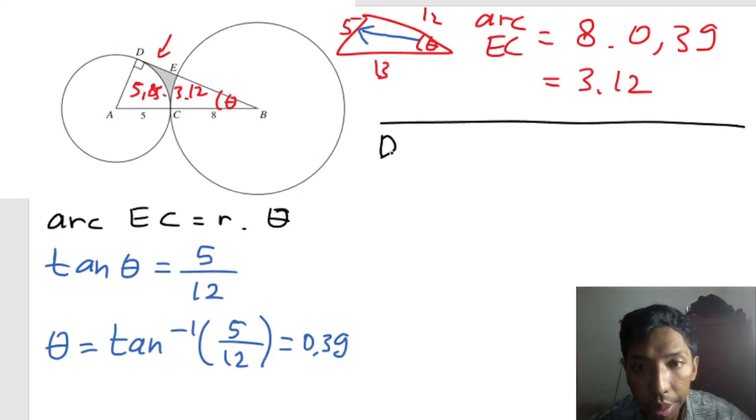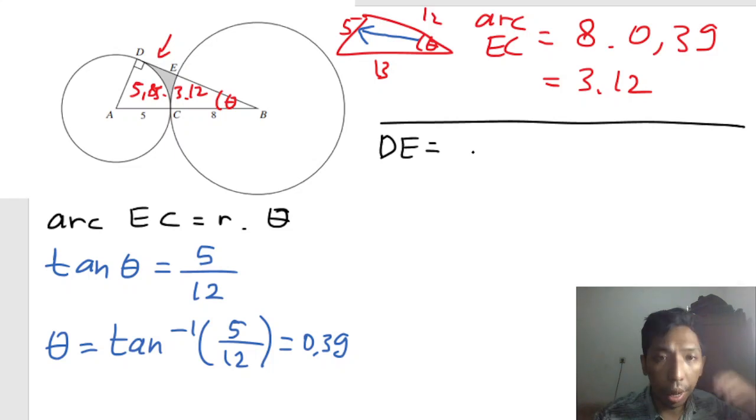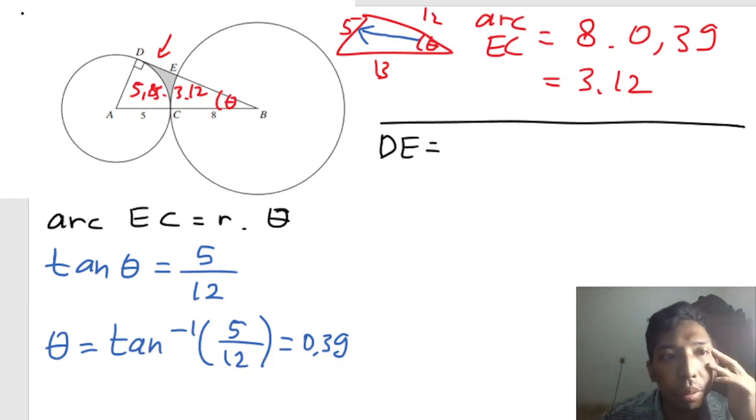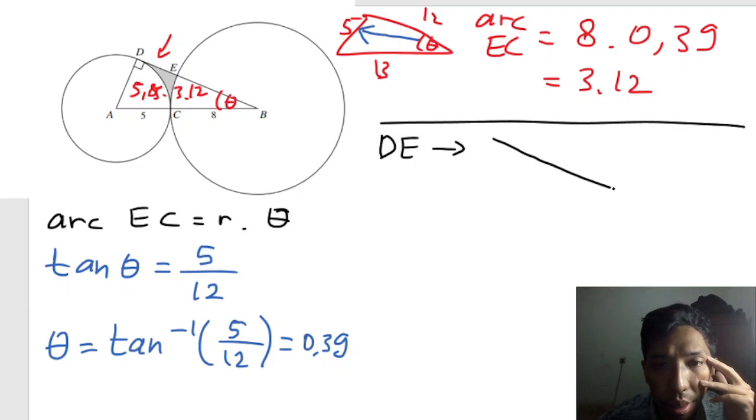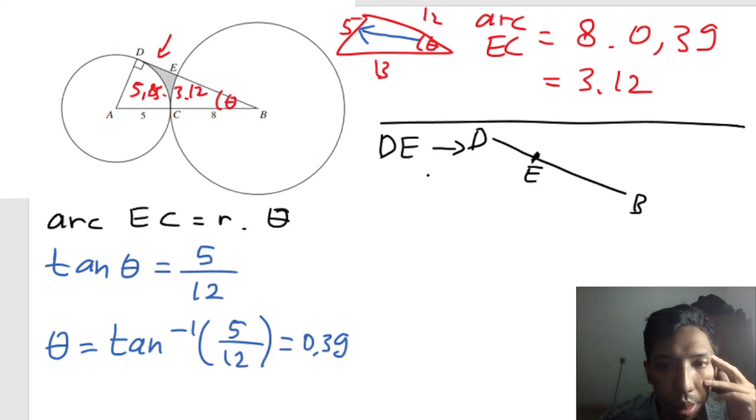How to find DE? Any idea? E is part of DB.